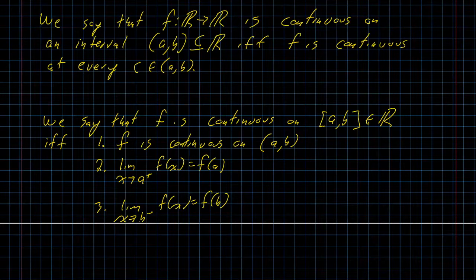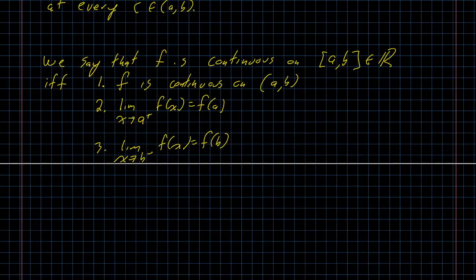Again, which necessitates that the one-sided limit exists and the function is defined at that endpoint. Right, we use one-sided limits for those two endpoints because on the other side of the interval, who knows what's happening. A classic example of continuous on a closed interval is something like a square root function.